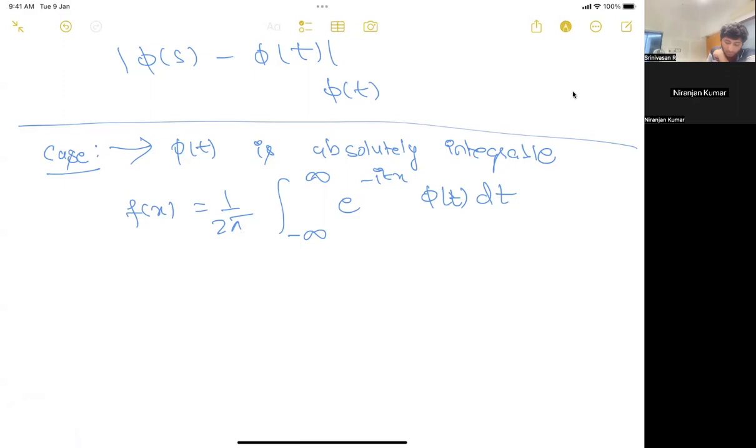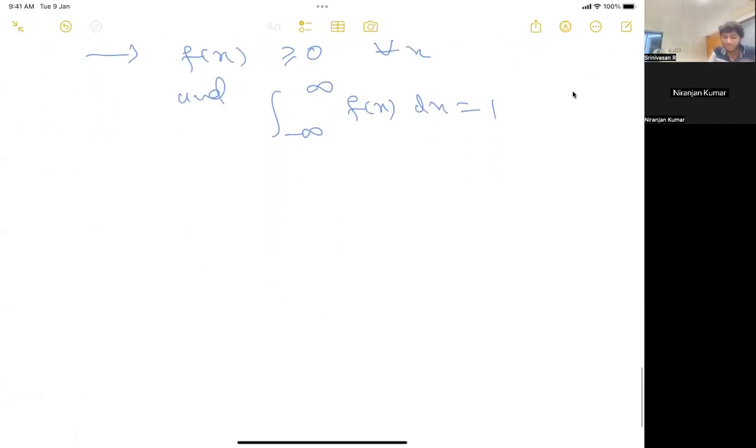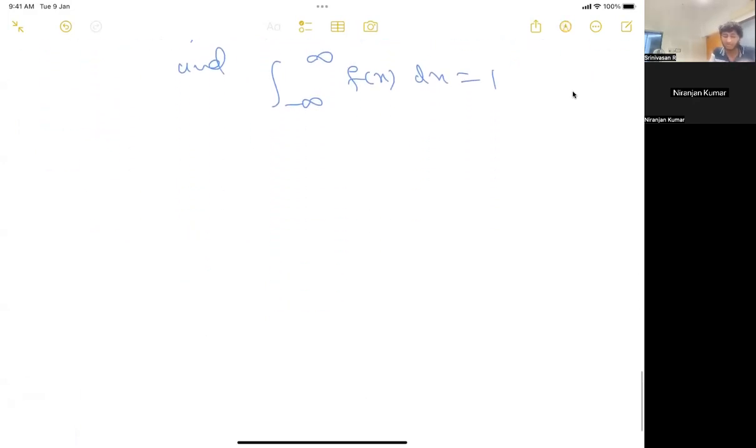So we'll prove that f of x is greater than or equal to 0 for all x, that f of x is integrable, and that its integral is 1. Starting off with the first claim, which is non-negativity, we write f of x in this form.